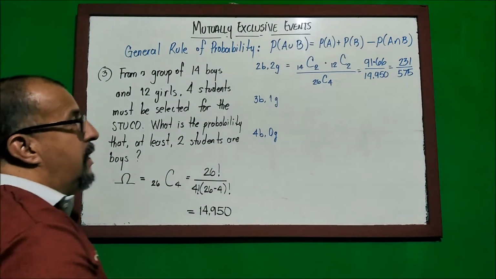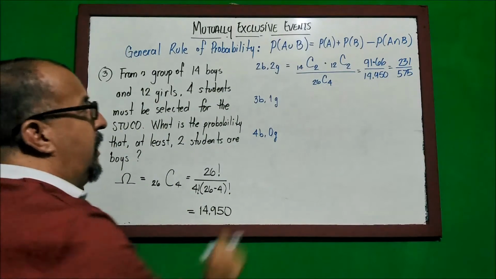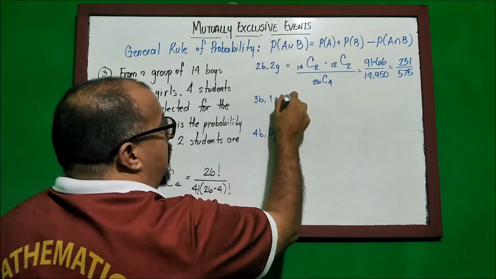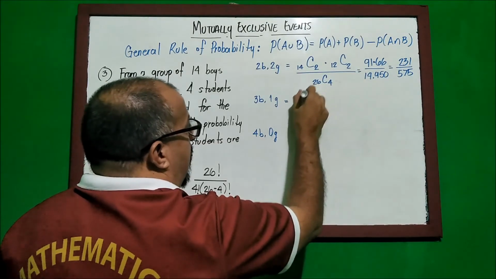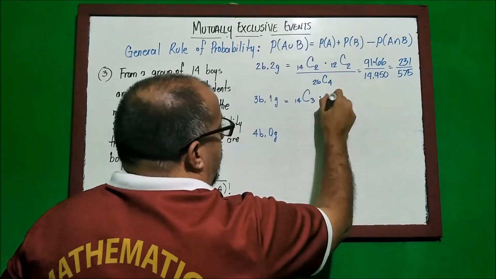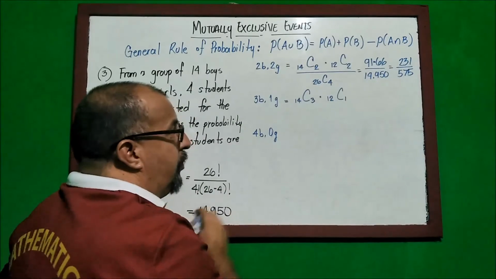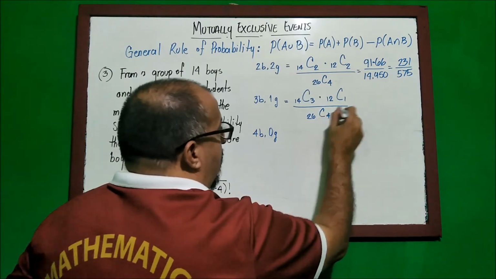Okay? Now that we discovered the first probability, let's analyze what happens when we have 3 boys and 1 girl chosen. So the combination will go like this: 14 combination 3 multiplied by 12 combination 1, which will be the combination to obtain 1 girl, divided by 26 combination 4.